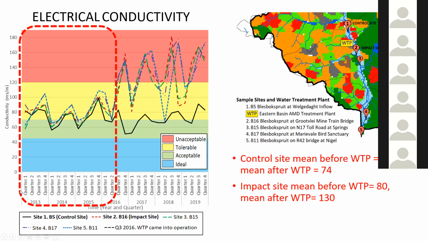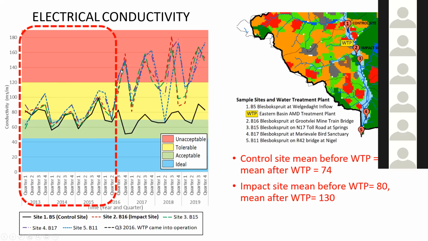And so we can see that for the 3-year period before the treatment plant started, from the start of 2013 to quarter 3 2016, or August 2016, all the sites behave very similarly. They all have a seasonal response that is quite similar. So from site 1 to site 5, we can say that water chemistry is very similar for all sites. Maybe the downstream sites are slightly higher, but in general, when looking at this, we can see that they're all very similar.